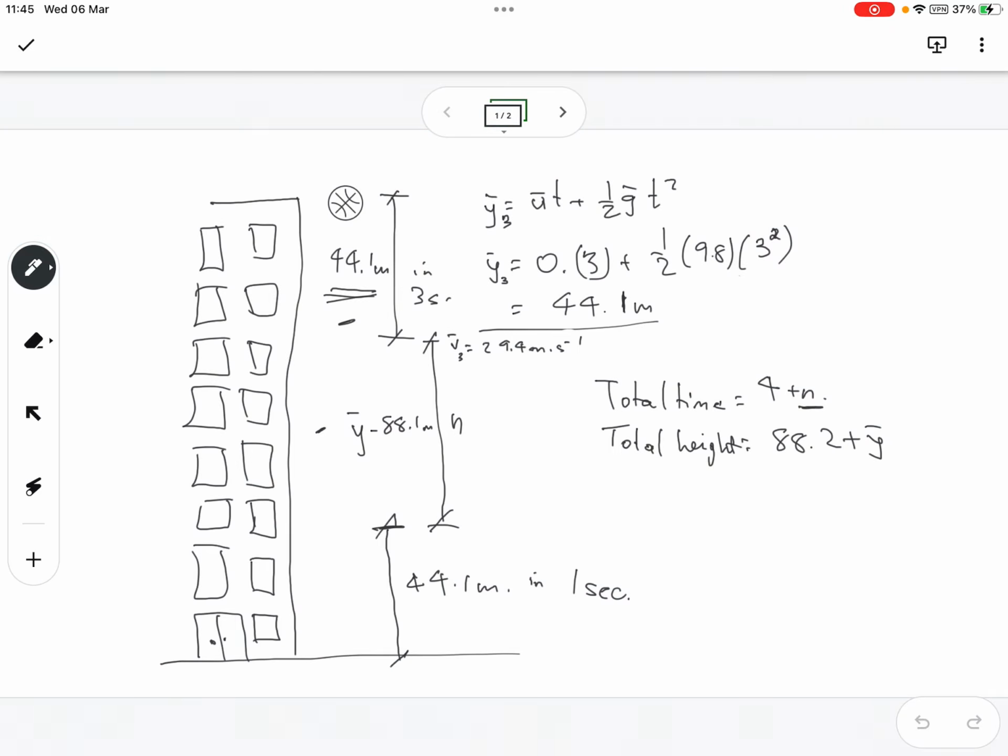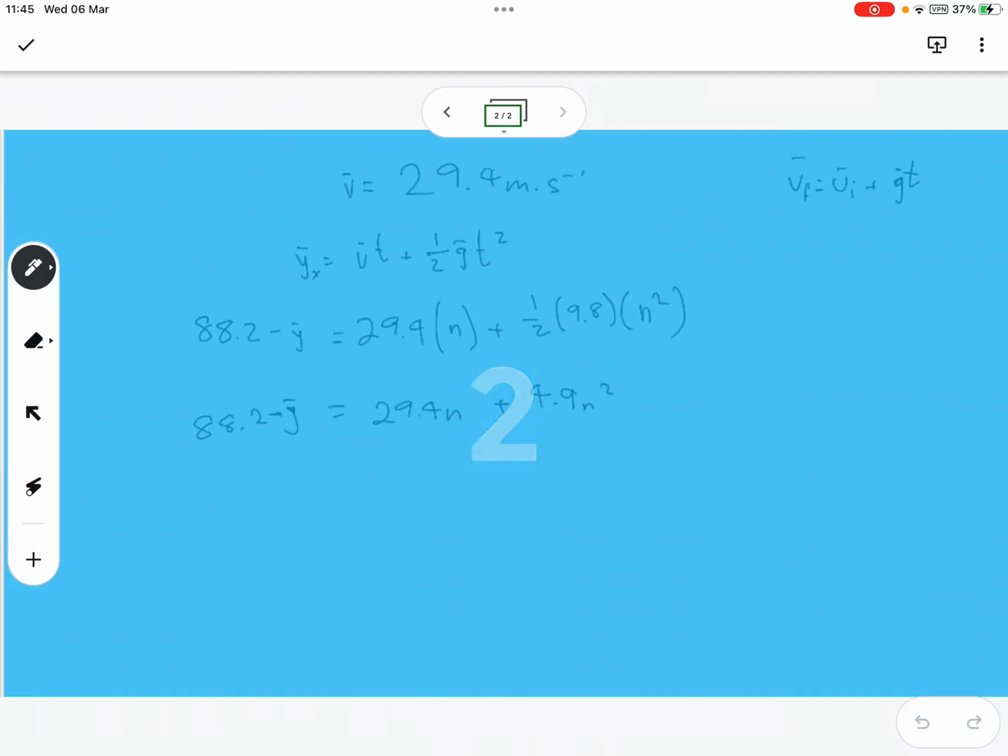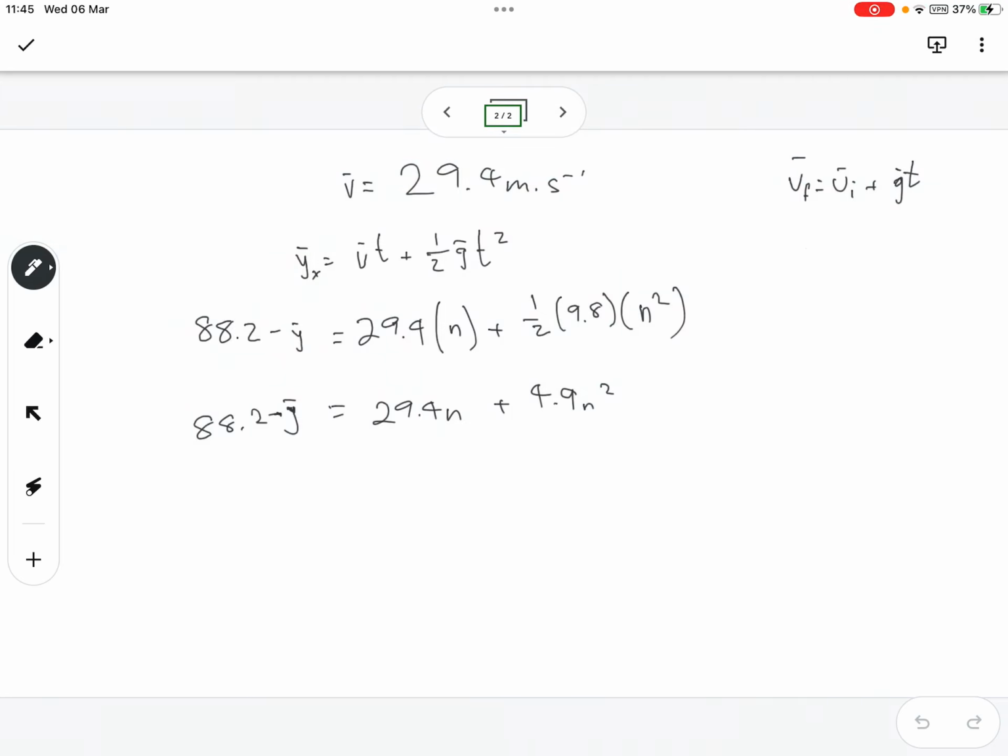So now we're looking for a second equation that will include n as well, and y.